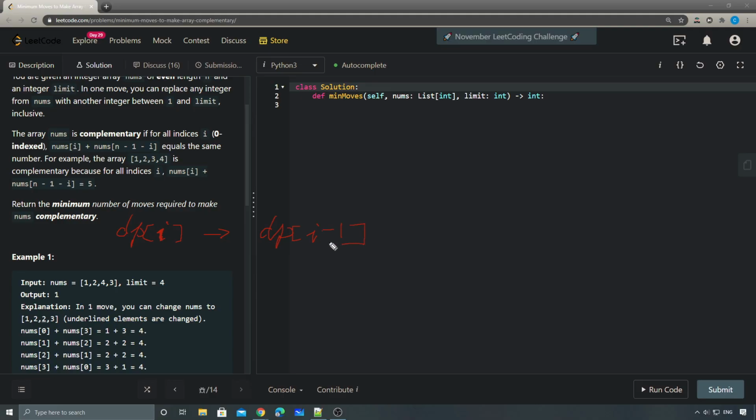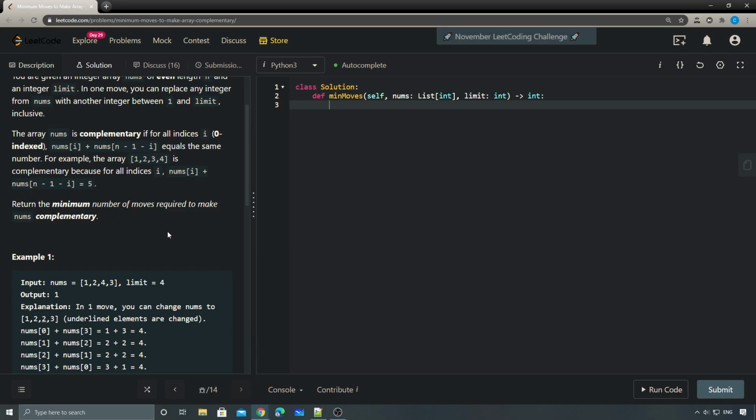But there's no correlation between different sums, right? So DP is not an option either.